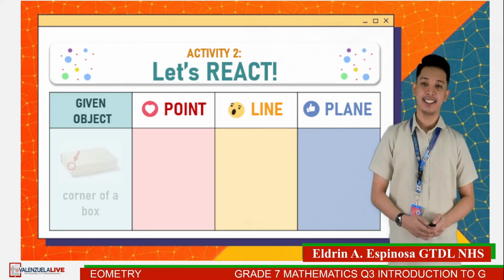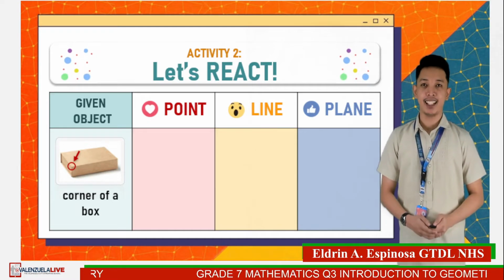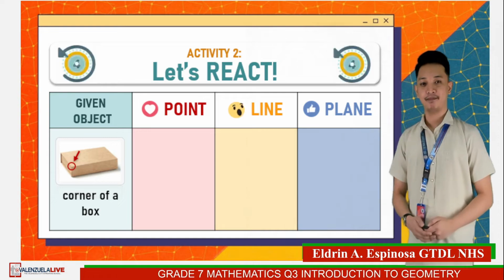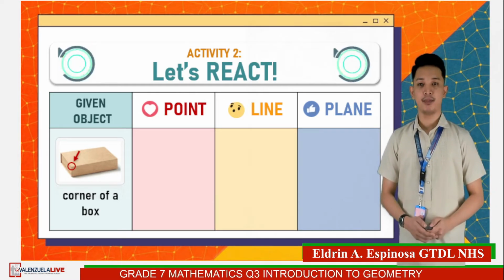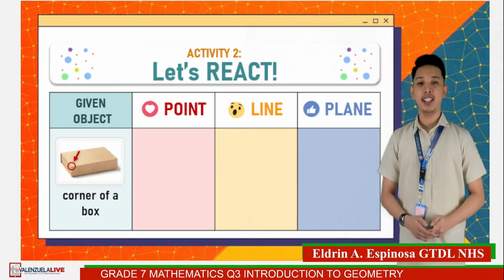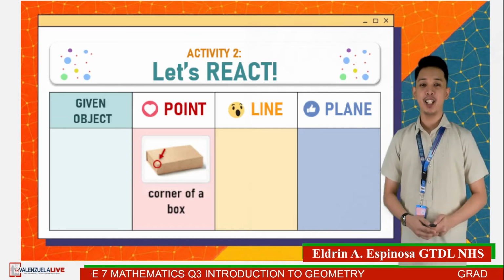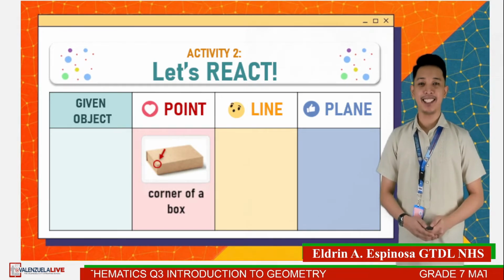Next object. A corner of a box. Let's react. Go! If your answer is heart, then you are correct. Because a corner of a box represents a point.